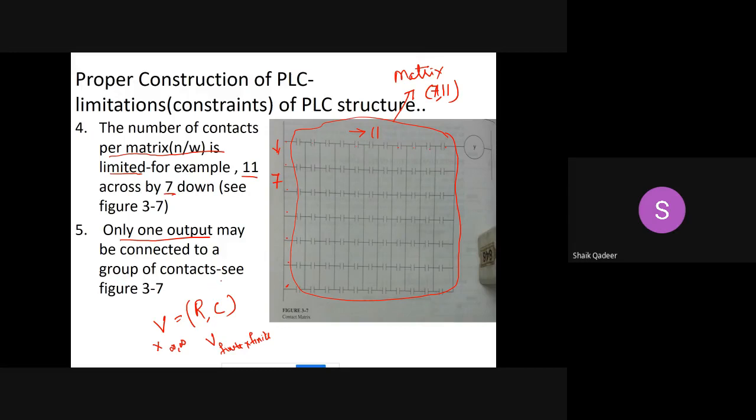Here it is mentioned, so this rule is applied to other forms of variable connection. It may not be a matrix. It may be a simple two variable, two contact connection. Even in that case, there cannot be more than one output in a line. Hope it is clear to everybody.